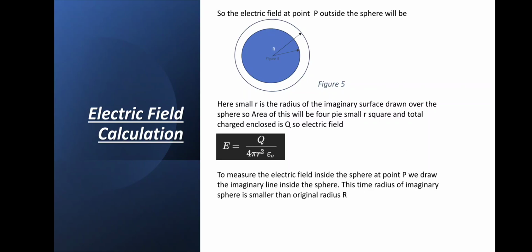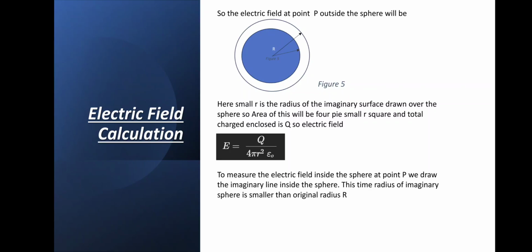Here, small r is the radius of the imaginary surface drawn over the sphere, so the area will be 4 pi r squared, and the total charge enclosed is Q. Therefore, in the equation below, E equals Q over 4 pi epsilon naught r squared.